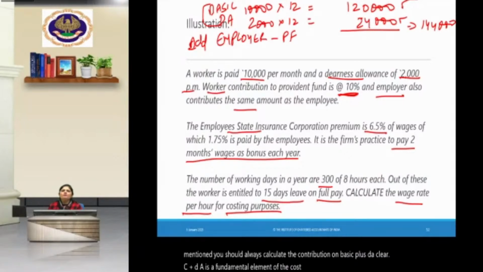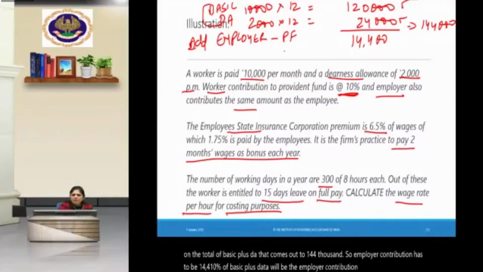So the employer contribution to PF, if nothing is mentioned in the question, should be calculated on basic plus DA, that comes out to 144,000. So the employer contribution has to be 14,400.